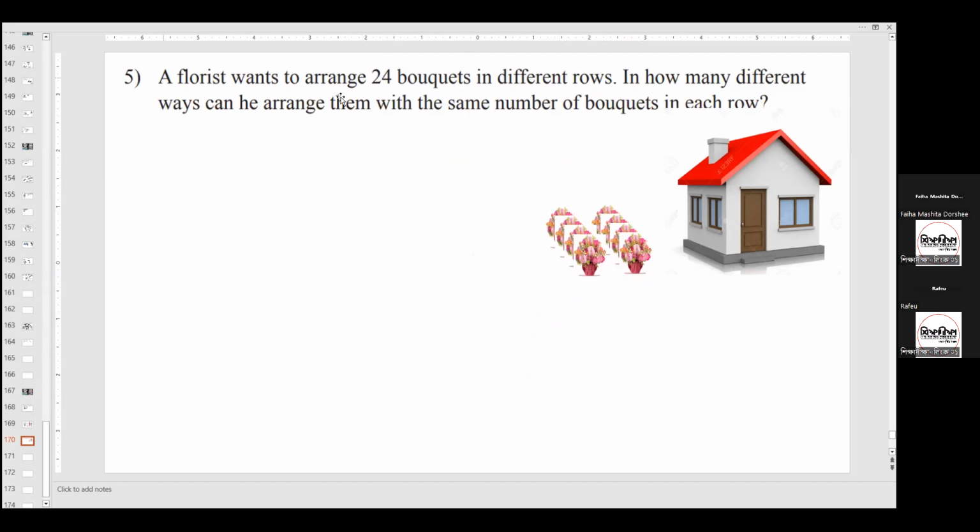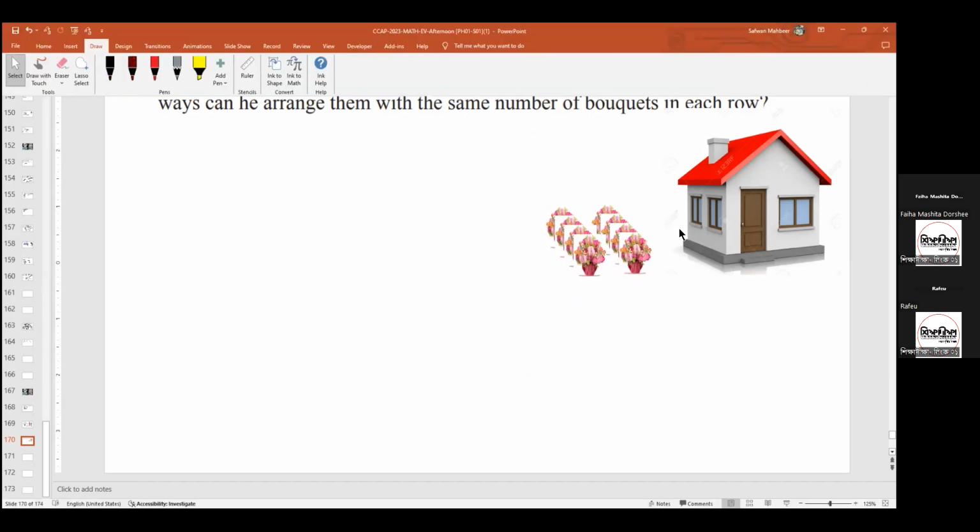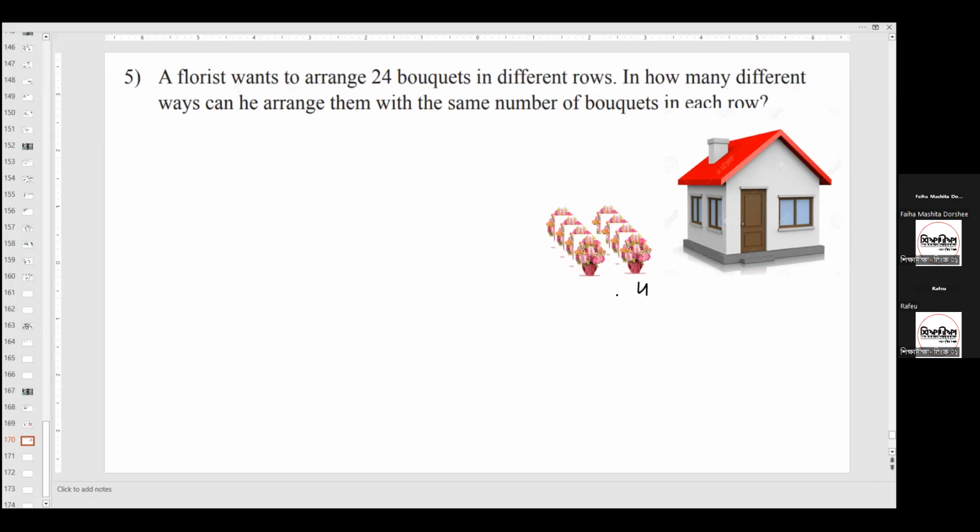In each row, I mean parallel to my house, I have 4 bouquets, here also 4 bouquets, but how many rows do I have? 2. So in total how many bouquets do I have? I have 8 bouquets, right?